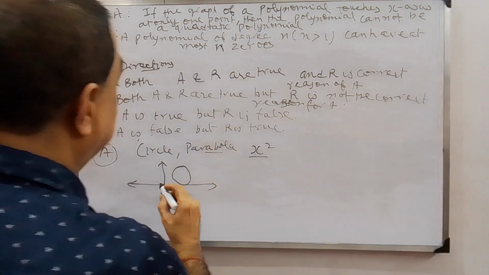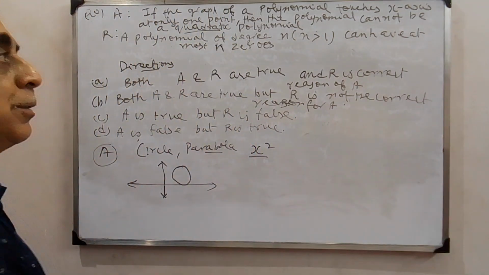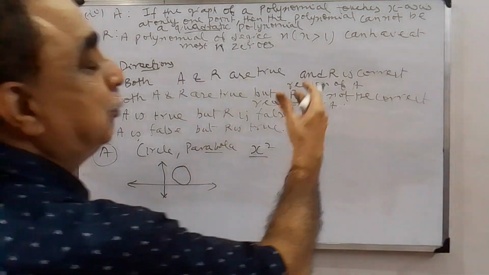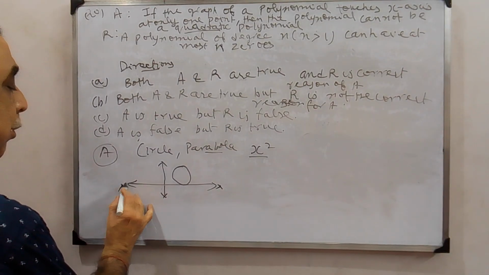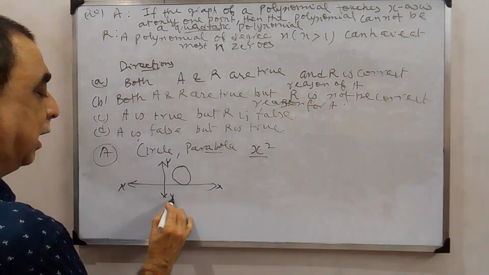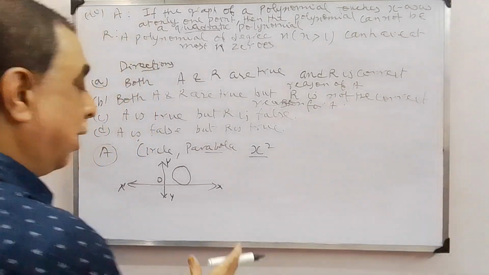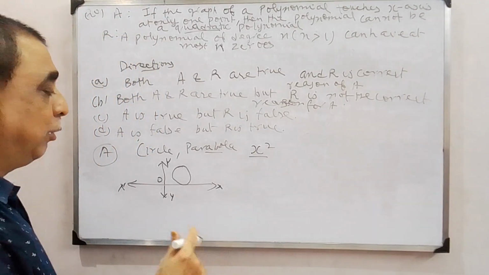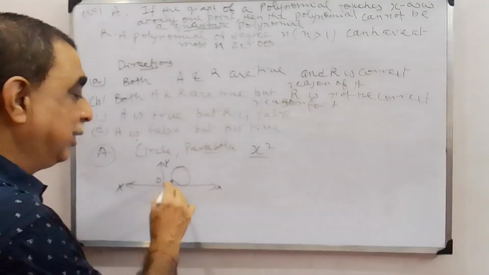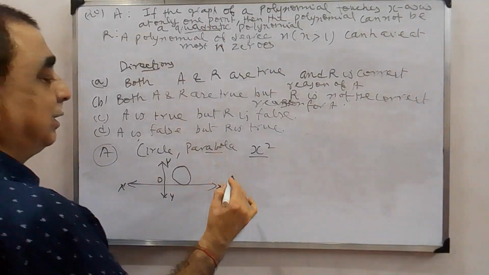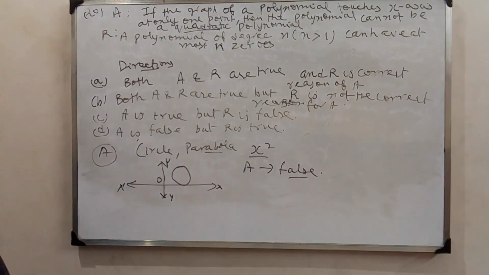So there are many polynomials of degree 2, meaning quadratic polynomials, and if we draw their graphs, they can touch the x-axis at a single point.